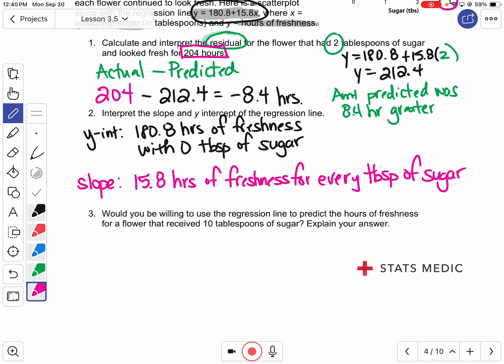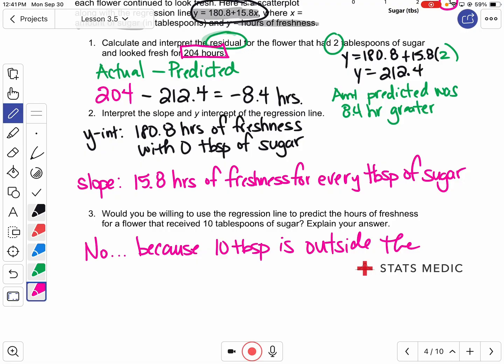If they had said 1.5, we'd have said yes, because it's between 0 and 3. But we're going to say no because 10 tablespoons is outside the data. You might even see that weird word extrapolation in your answer choices.